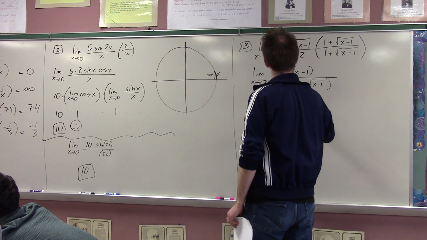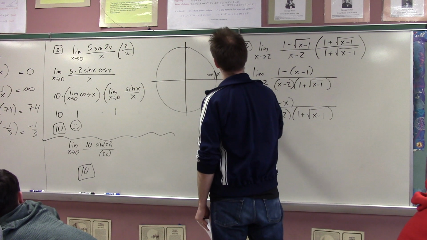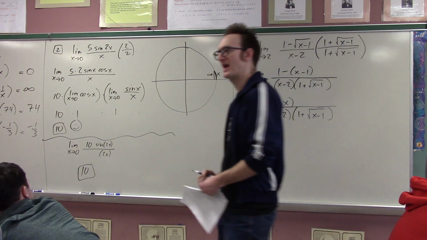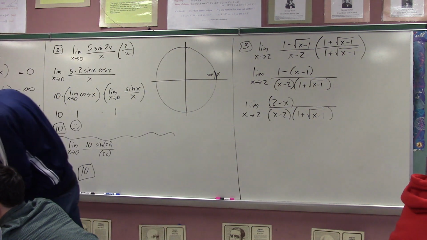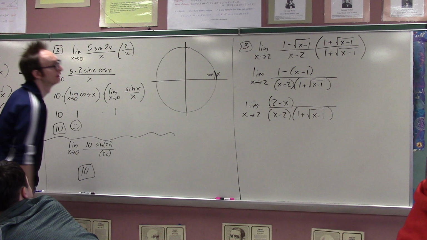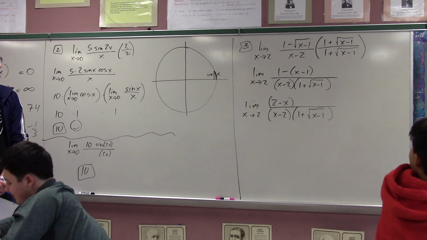No, wait, isn't 2 minus x just... except that, wait a minute. Because we have like... Alright, are we all doing the same extremely careful algebra and getting it all right? Wait a minute, that's negative 1. Right? Yeah. Okay, good.